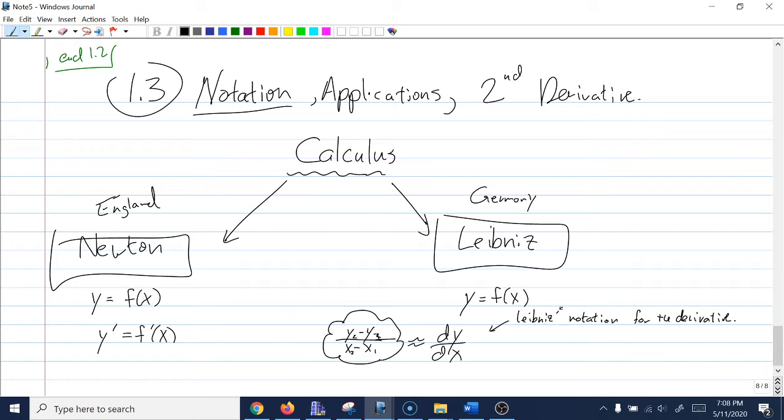We write this as dy dx, we pronounce it dy dx, or we call it the derivative of y with respect to x.